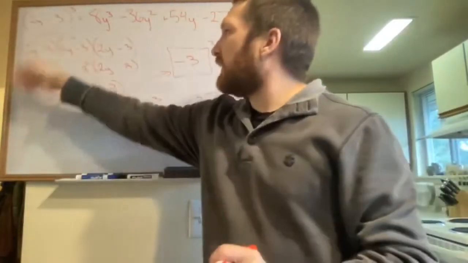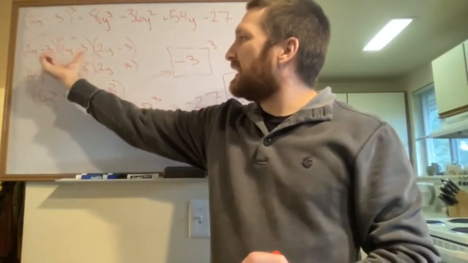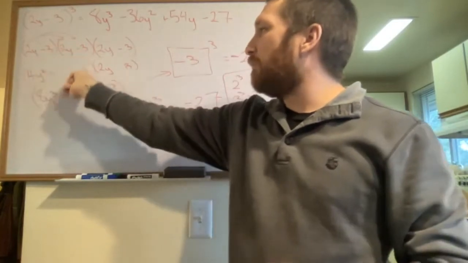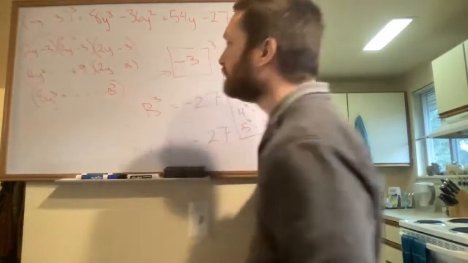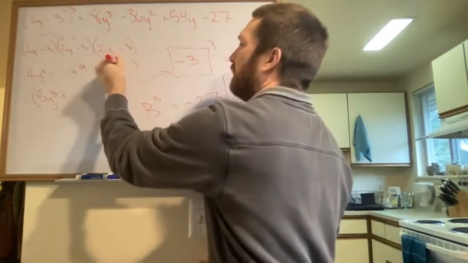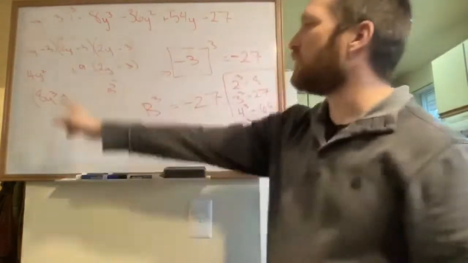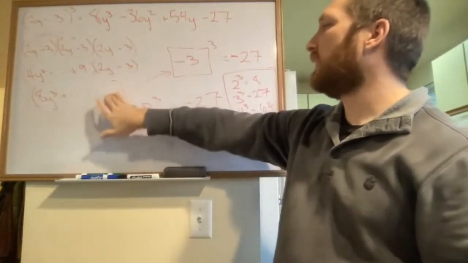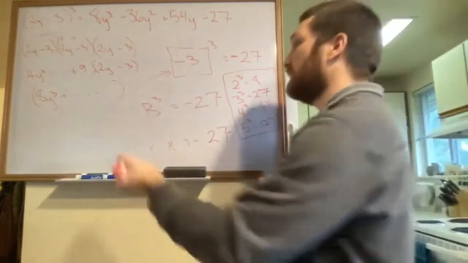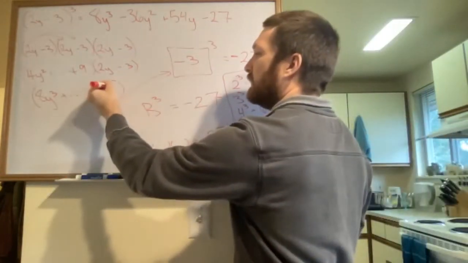First, outer, inner, last. My last term would have been negative 3 times negative 3, which is a positive 9. So I get positive 9 right there. Finally, the very last thing I would have to do is take positive 9 times negative 3. And positive 9 times negative 3 is indeed negative 27.